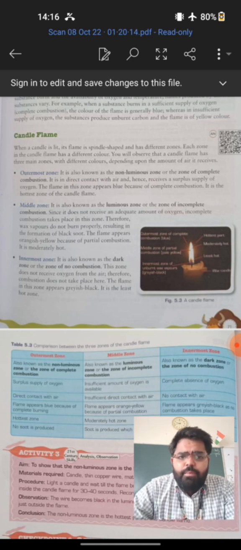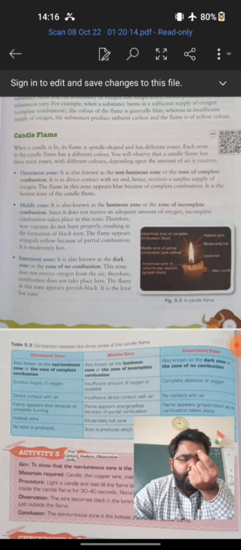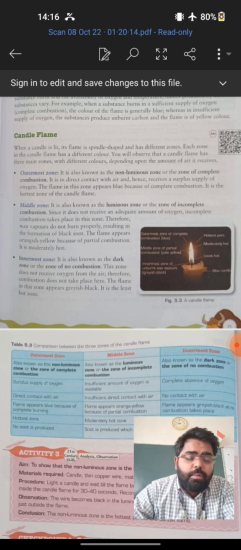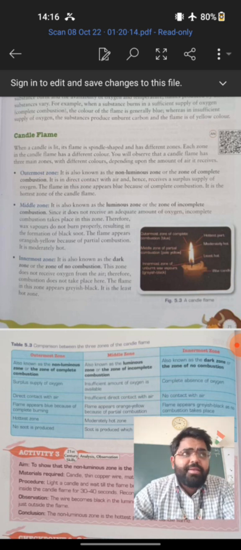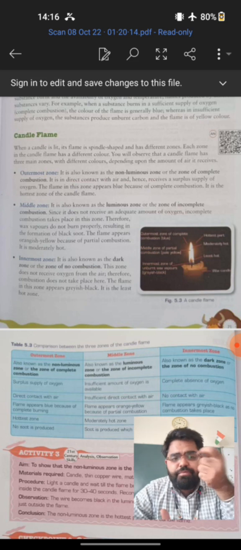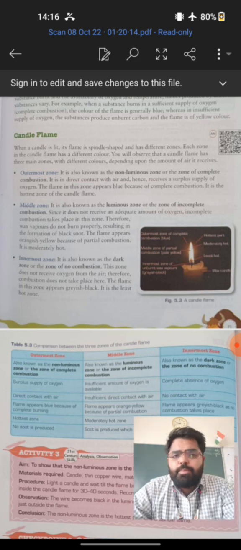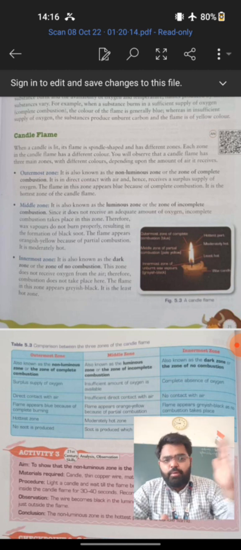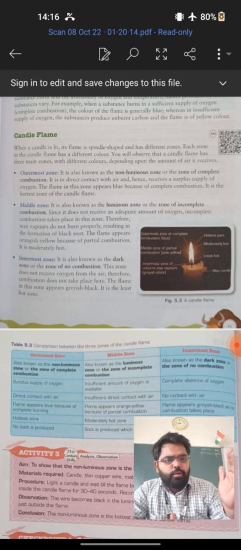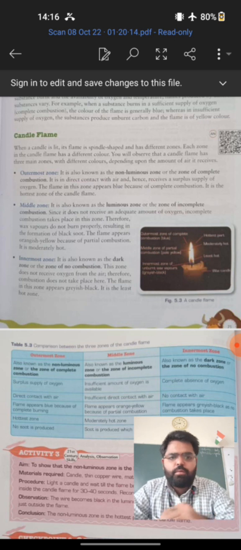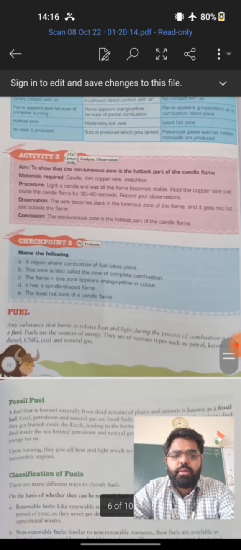And the last one, the innermost zone, where you see the wick in the center, is called the zone of no combustion or dark zone. Basically you can see the tip of the wick exactly there, so no combustion is occurring. And from a temperature point of view, the temperature keeps decreasing as we move from the outermost zone to the middle zone and to the central portion.